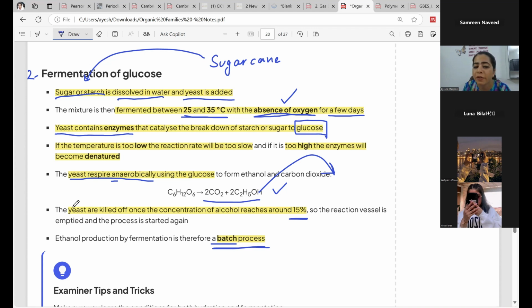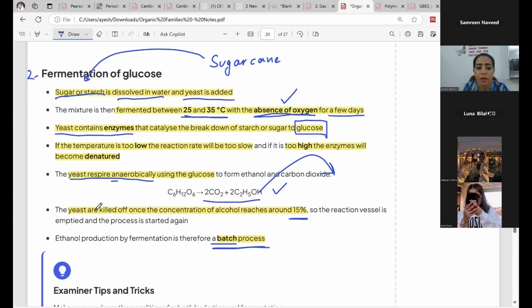You will not be able to get 100% product. So if you want to stop the yeast from getting killed, you have to remove this product, and then break the process for some time, stop it, then do it again. Only then will you save the yeast. Otherwise, the yeast will get killed.